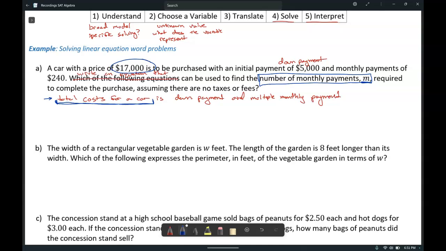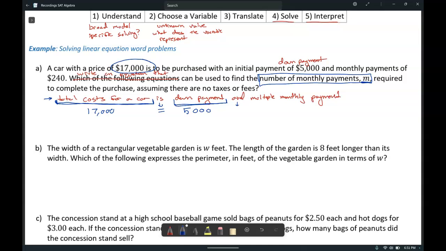The total cost for the car is $17,000. "Is" is a common phrase used to be equal. Is the same as, equivalent to. These are terms that we use to represent equal. And then we have a down payment, our initial payment of $5,000.